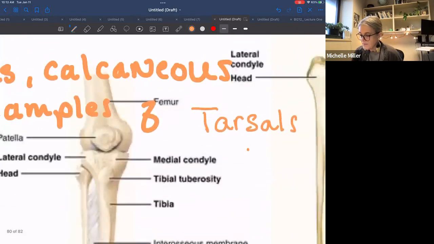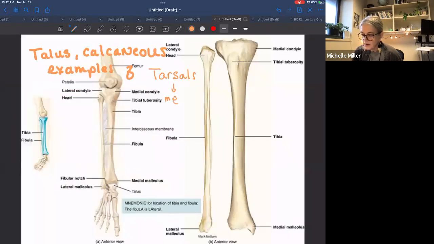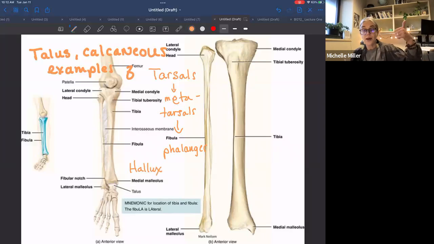So then we have metatarsals, and just like in the hand, we have phalanges. The big toe is actually called the hallux. So like your thumb was called the pollex, your big toe is called the hallux. So this is my big toe.